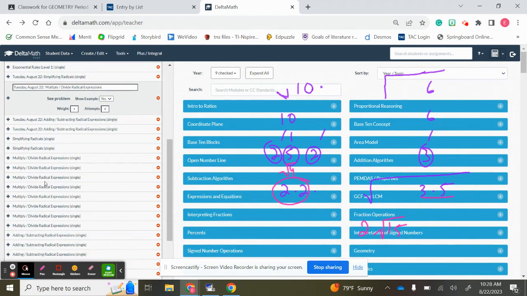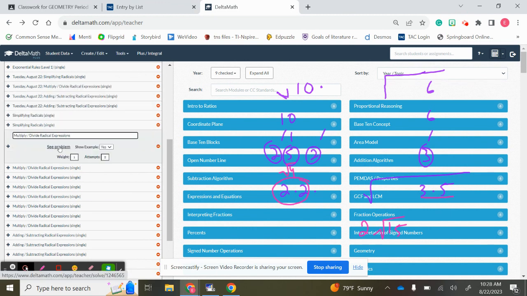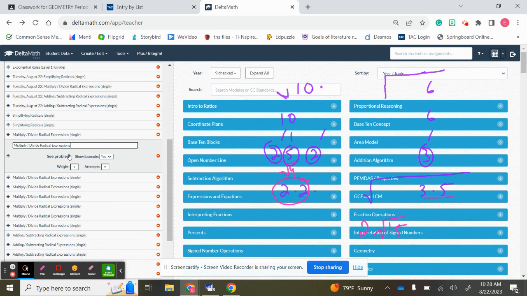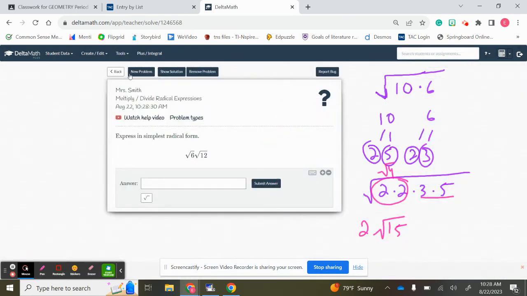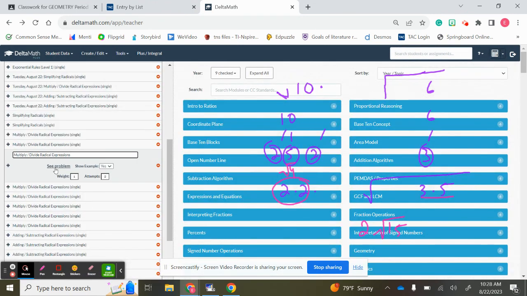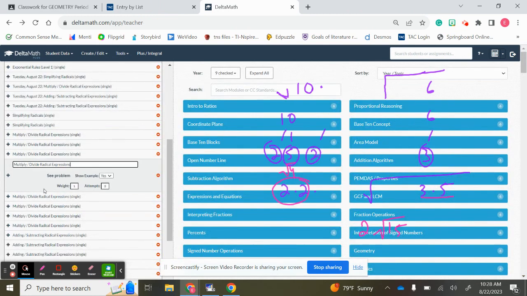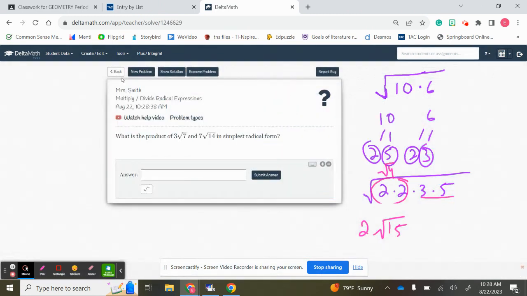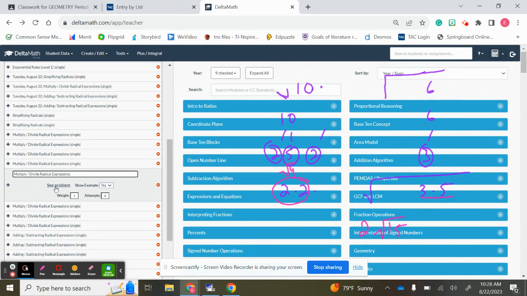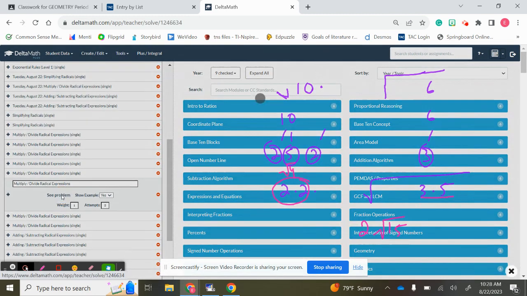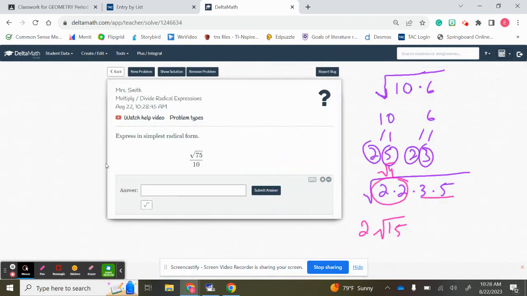So this should be multiply, divide. I think they're right here. Now, if it's division, I don't see a lot of division. Let me see if there's any. That's multiplication. I think they're all multiplication. Yeah, it's all multiply. There's a division one.